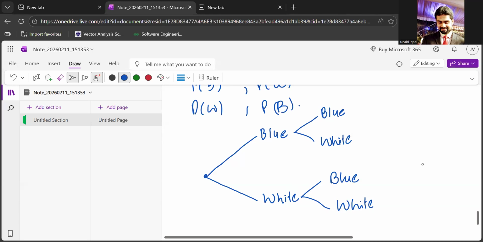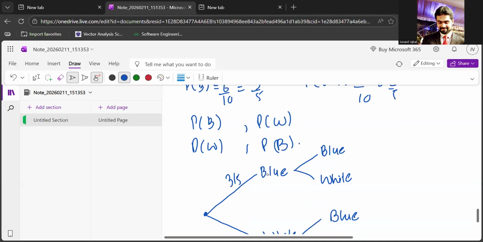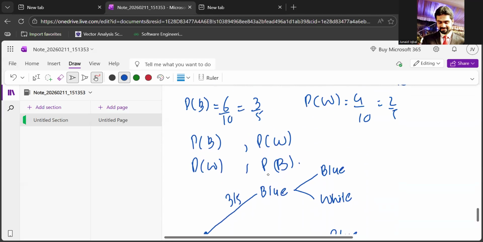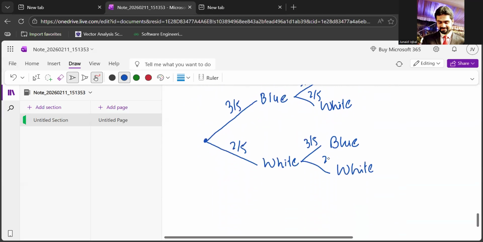So we have to put the probability of each event. So probability of B is 3 over 5, and probability of white is 2 over 5. Again, probability of B is 3 over 5. Probability of white is 2 over 5. Probability of black is 3 over 5. Probability of white is 2 over 5.